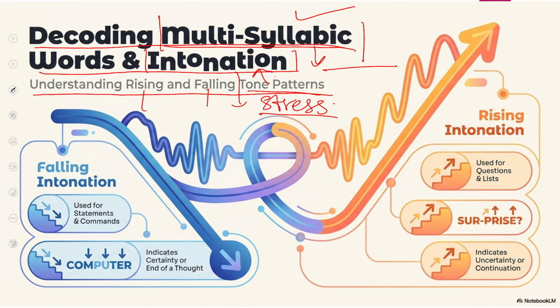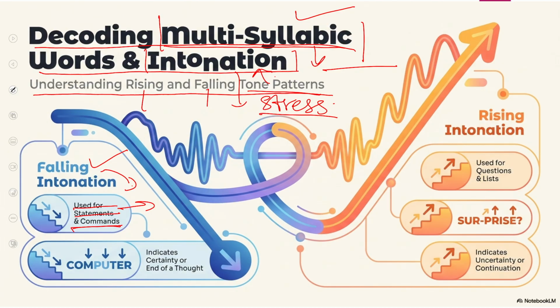Look at it. Intonation basically consists of falling intonation used for statements and commands. It means that any statement we read or say, for this purpose we use falling intonation. And commands, commands mean orders.